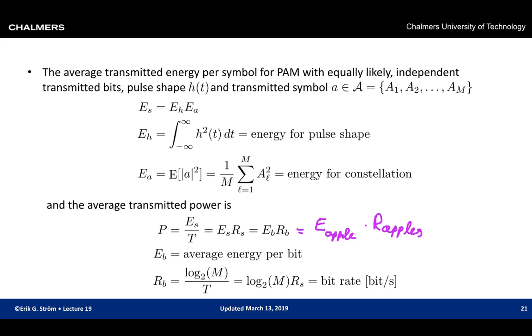Now, there are no apples being transmitted, but you see the idea: if we assign energy to something and we push that out with a certain rate, that determines the power. So E_b here is the average energy per bit, and the data rate is log2(M) divided by T, where log2(M) is the number of bits per symbol.